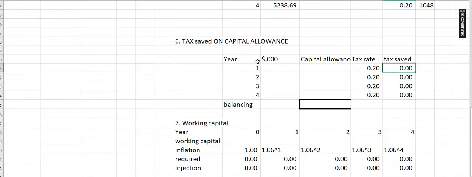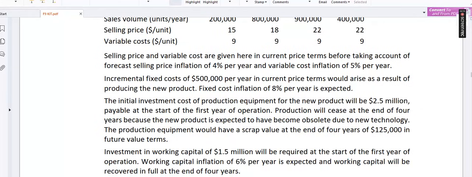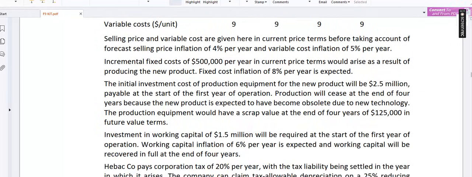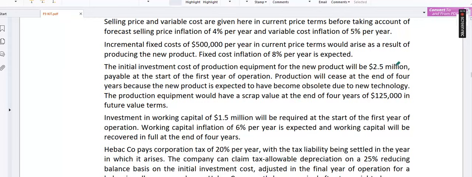So what is our cost of assets and depreciation rates? Remember this project costs 2.5 million. I've said ignore marketing costs because they are sunk. So it costs 2.5 million. Scrap value is 125.